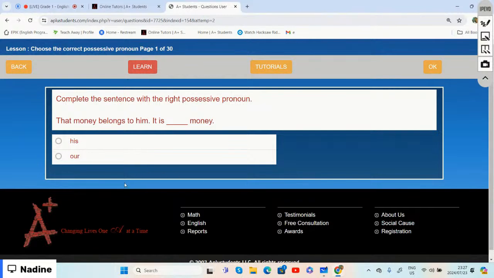All right, so we need to complete the sentence now with the right possessive pronoun. We are now at the test, right? Where we're going to choose the correct possessive pronoun.